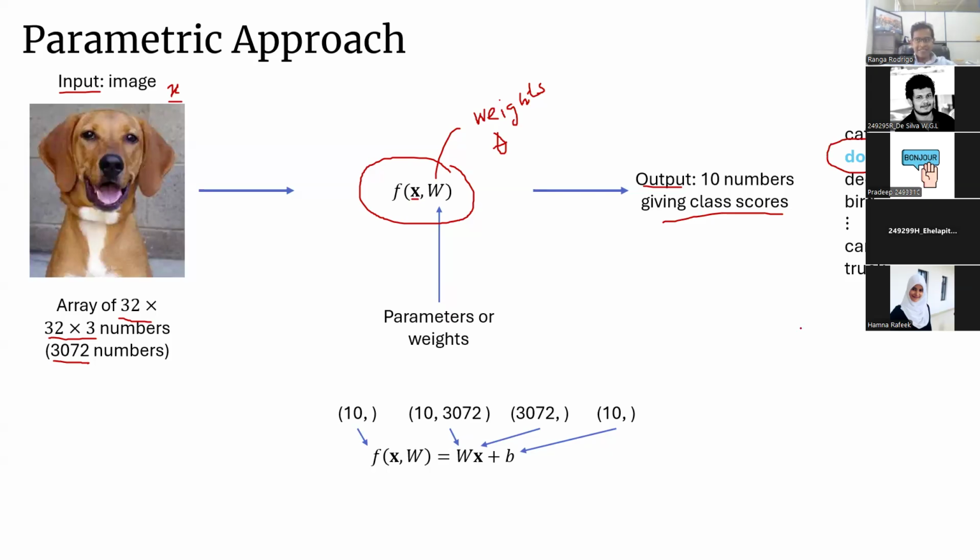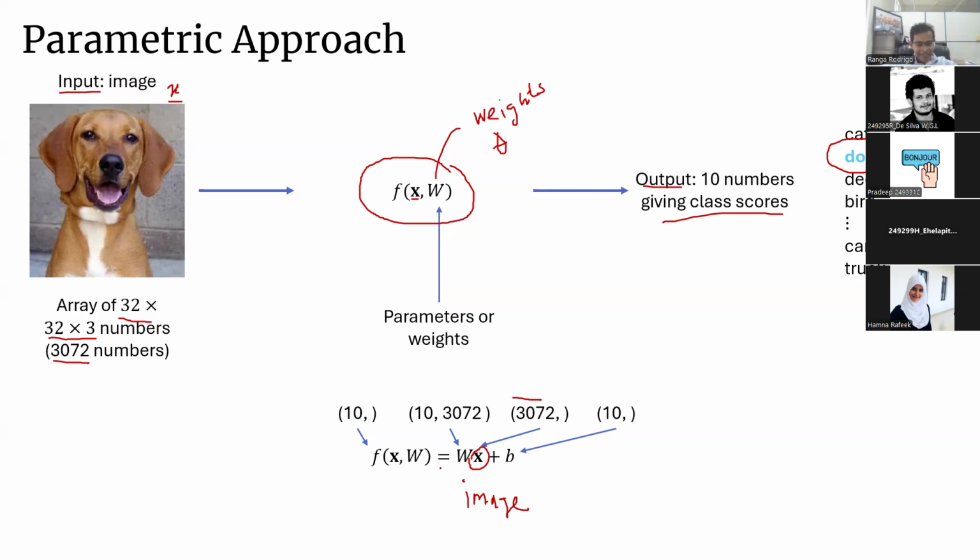Okay, now let's check the dimensionality of these things. X is the image, right? That's a 3072 dimensional vector.